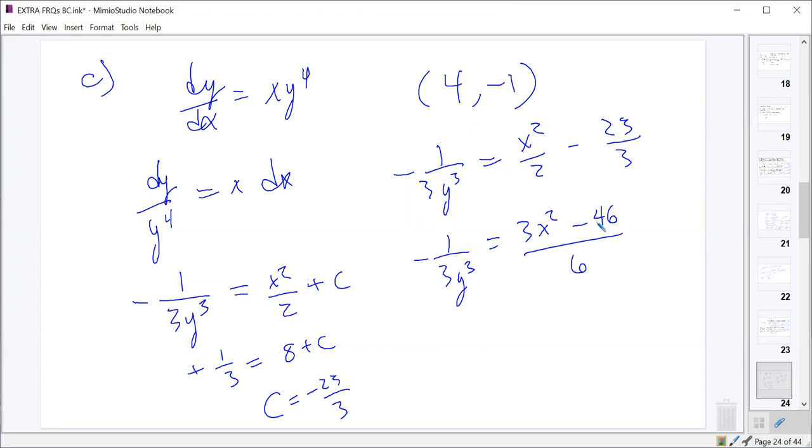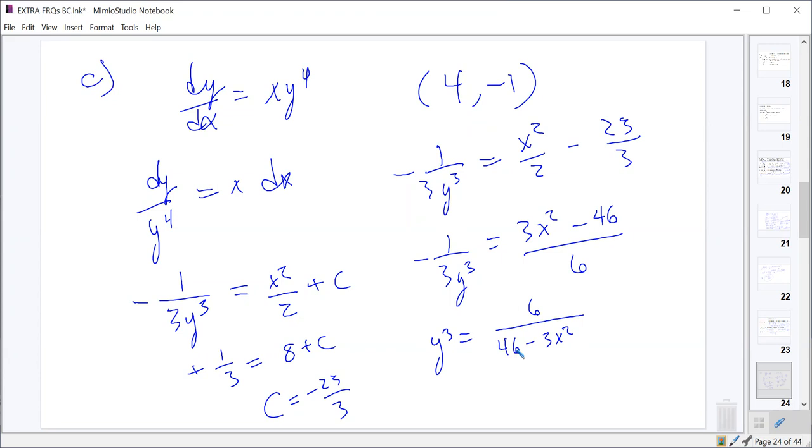So I'll just put those together. And then we can divide by the negative and take the reciprocal all at once, I hope. We'll have y cubed equals 6 over 46 minus 3x squared. If I just throw that negative through the numerator, that becomes the denominator.